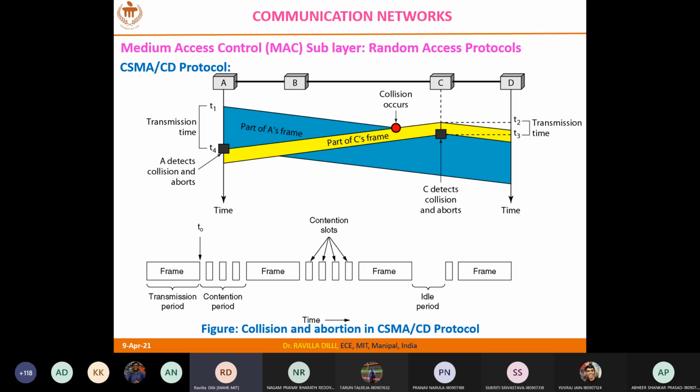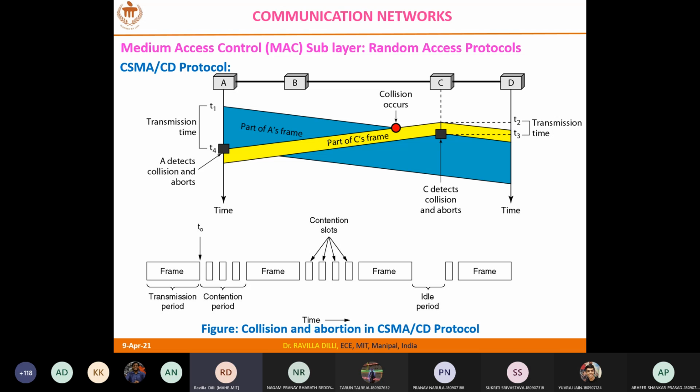Yeah. So now let you understand. There are three different things in the channel. Either the channel is carrying the frame bits, that is a frame transmission, or it is in the waiting state.